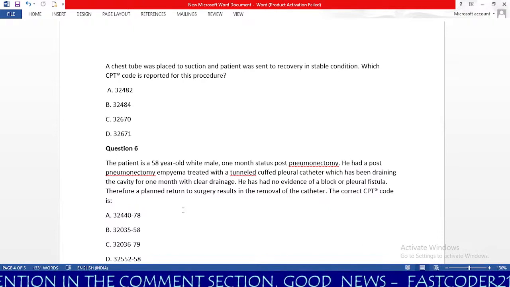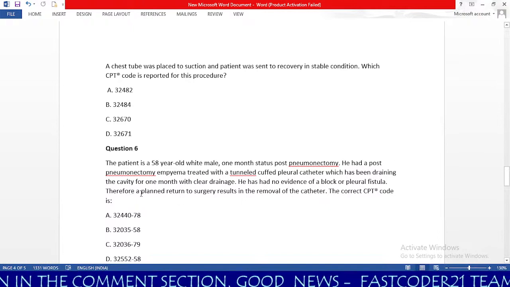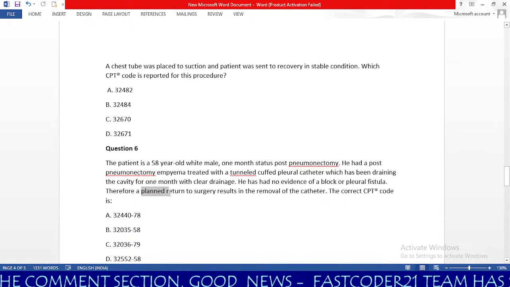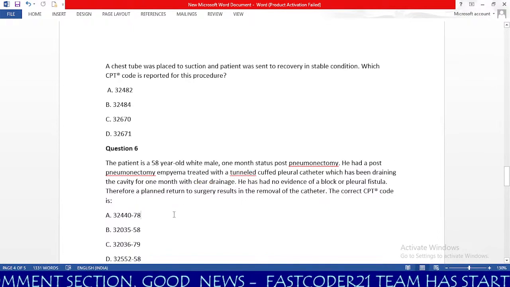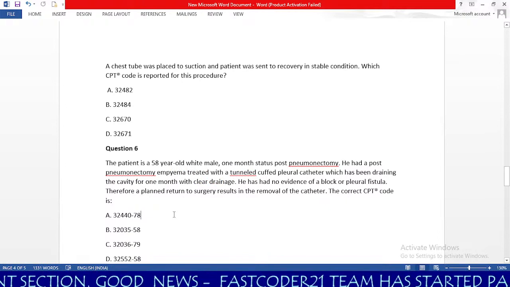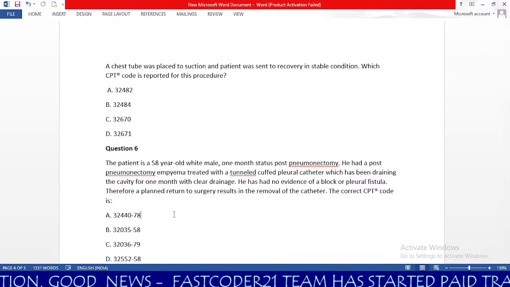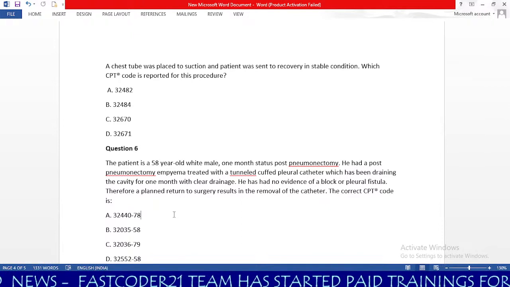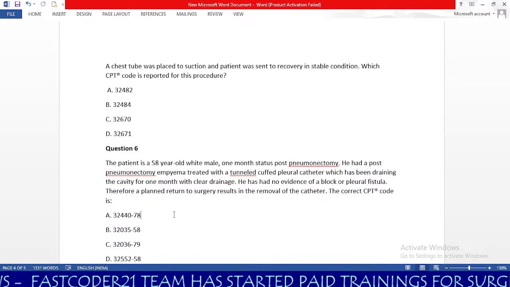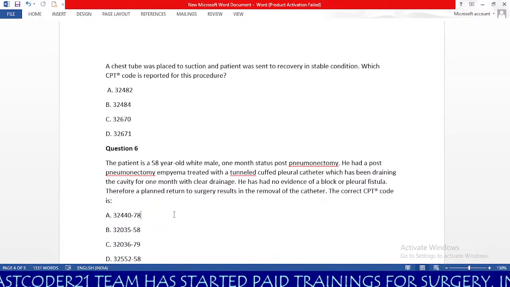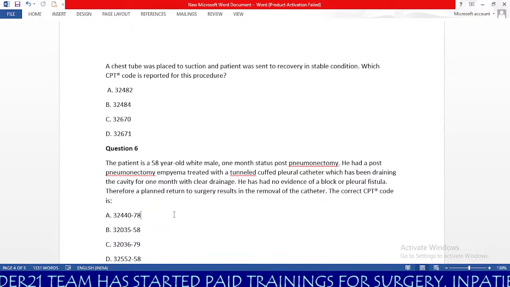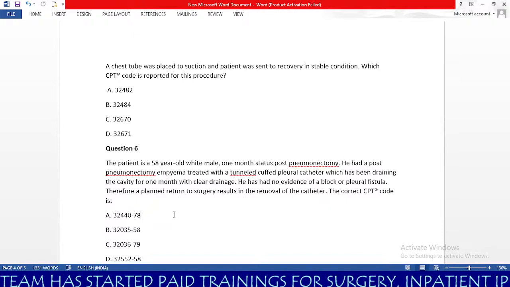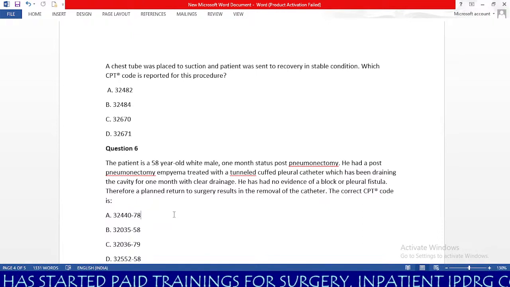Planned is the keyword here in order to select the proper answer. Before putting in the catheter, the physician had decided that he would again take the patient to the operating room and remove the catheter. So we need to use the 58 modifier instead of 78 or 79. So we are left with two codes here. So we will check 32035.